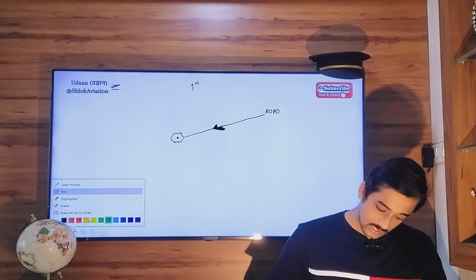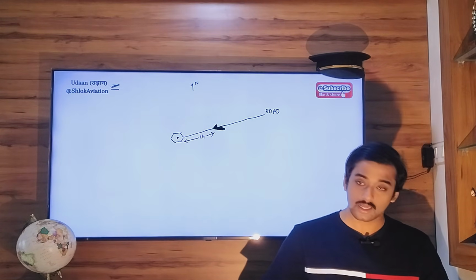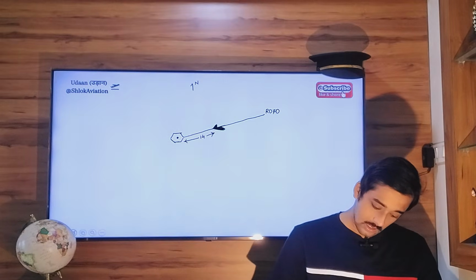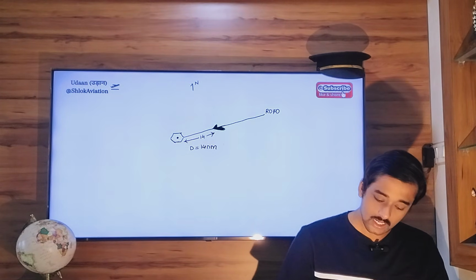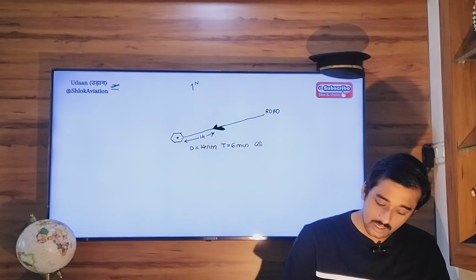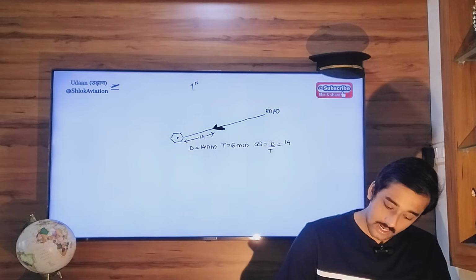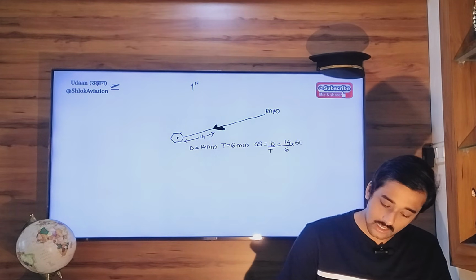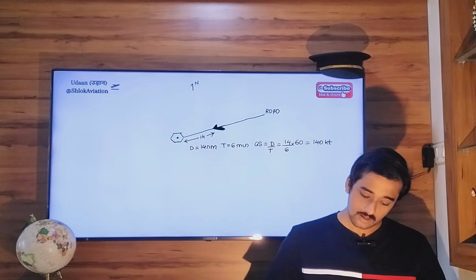The distance is 14 nautical miles. The time is 6 minutes. So ground speed will be distance by time, that is 14 nautical miles divided by 6 into 60, that is equal to 140 knots.